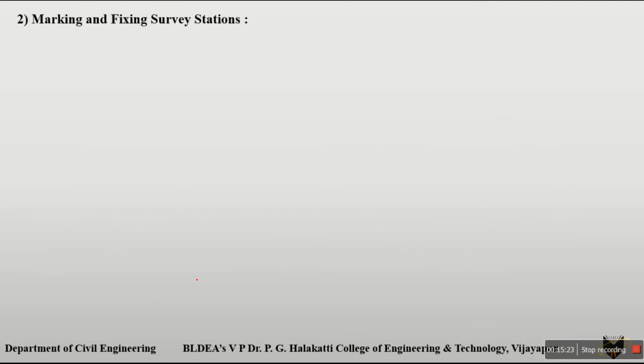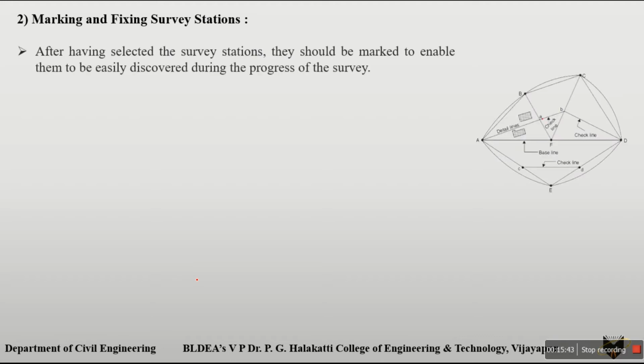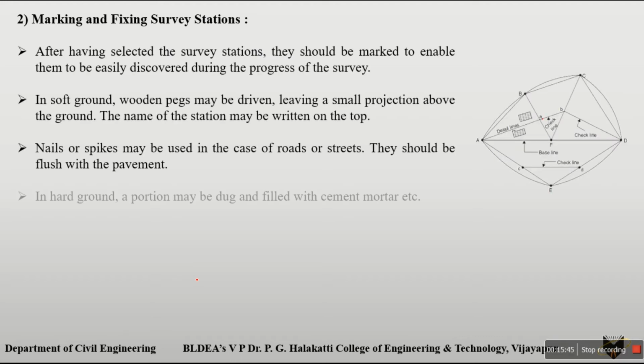The second step is marking and fixing the surveying stations. After conducting the reconnaissance survey, you will have a clear picture of your field as well as the obstacles present in the area. Using that, you have to fix your instrument stations.